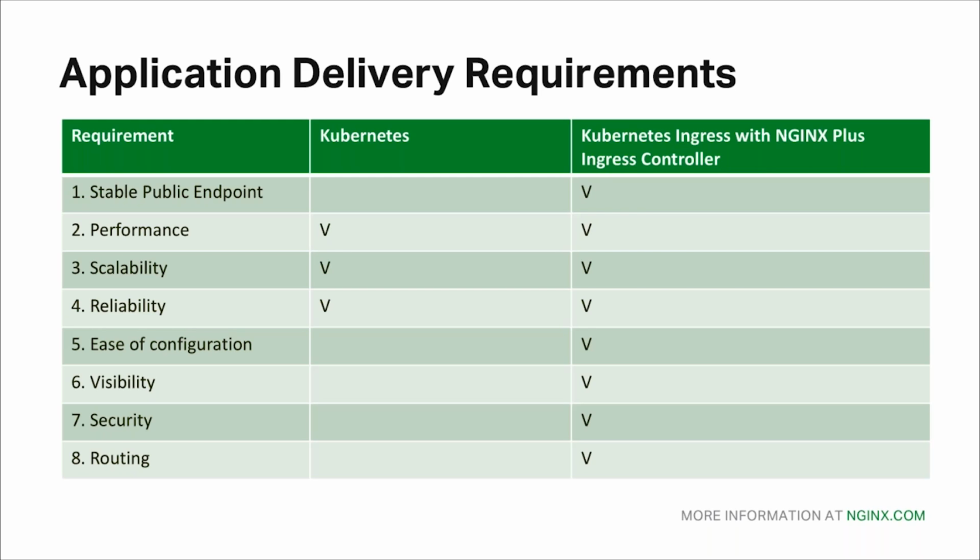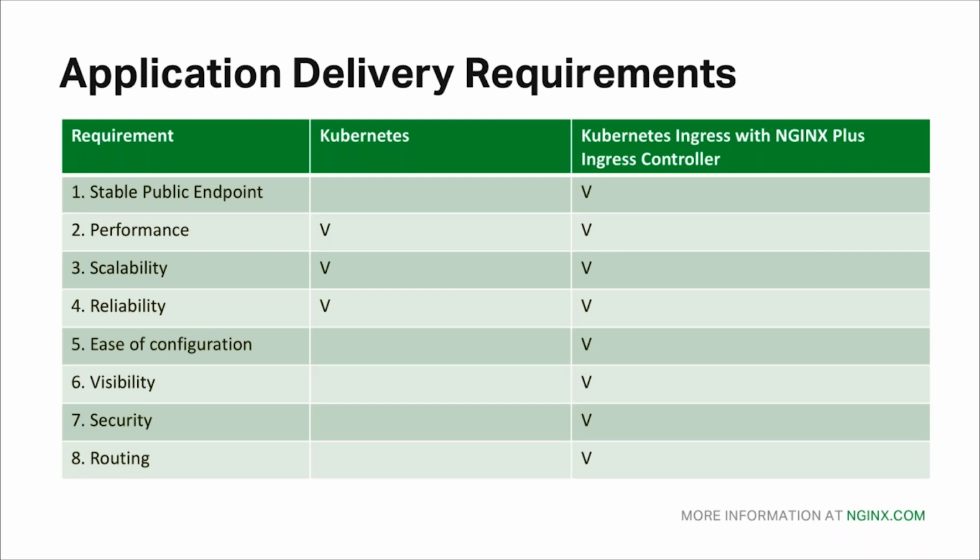As we saw, it is extremely easy to create and use Ingress resources. That's number 5. For visibility, NGINX Plus Ingress Controller provides a lot of valuable metrics, which allow us to assess how applications are being delivered. For security, the Ingress resource allows us to configure TLS termination.